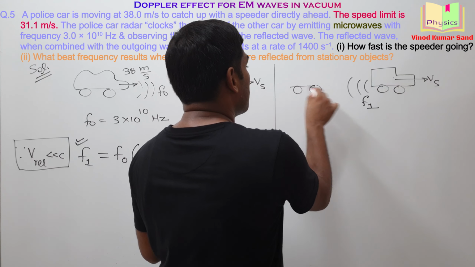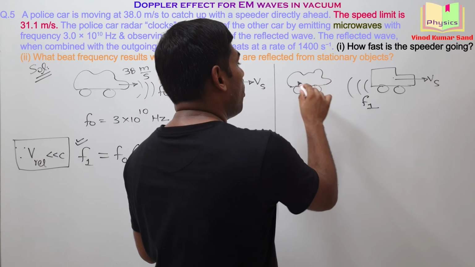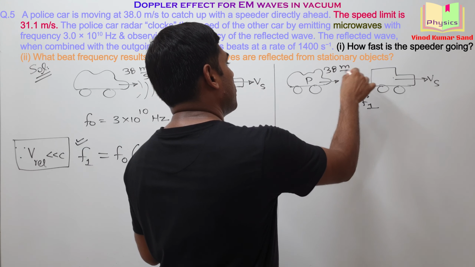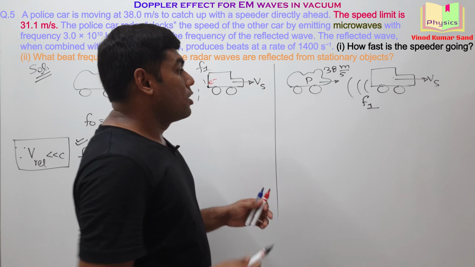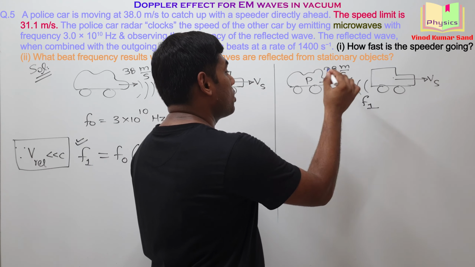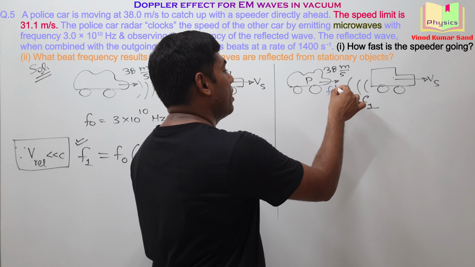Now the police car is the observer, which is moving at a rate of 38 meter per second. Suppose the police car observes the frequency which I write as f1 dash.